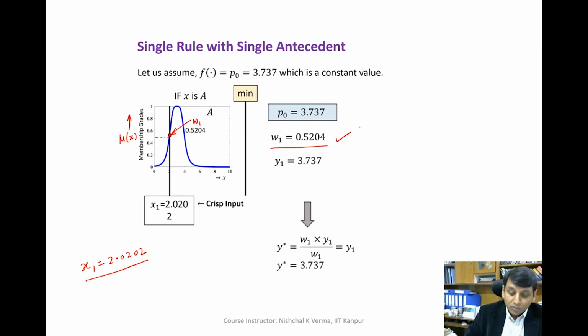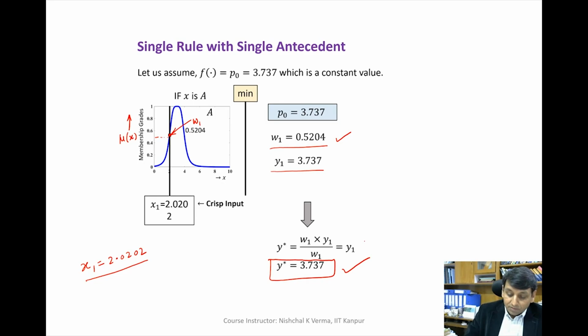So W1 is known. Now how will we have the y1 corresponding to this rule? Let's say if we are supplying x1, the corresponding output is y1. So y1 will be 3.737, which is the same as p0, because this output is not depending upon the input. So we have the y1, and the final output will be the same even when we do the weighted average.